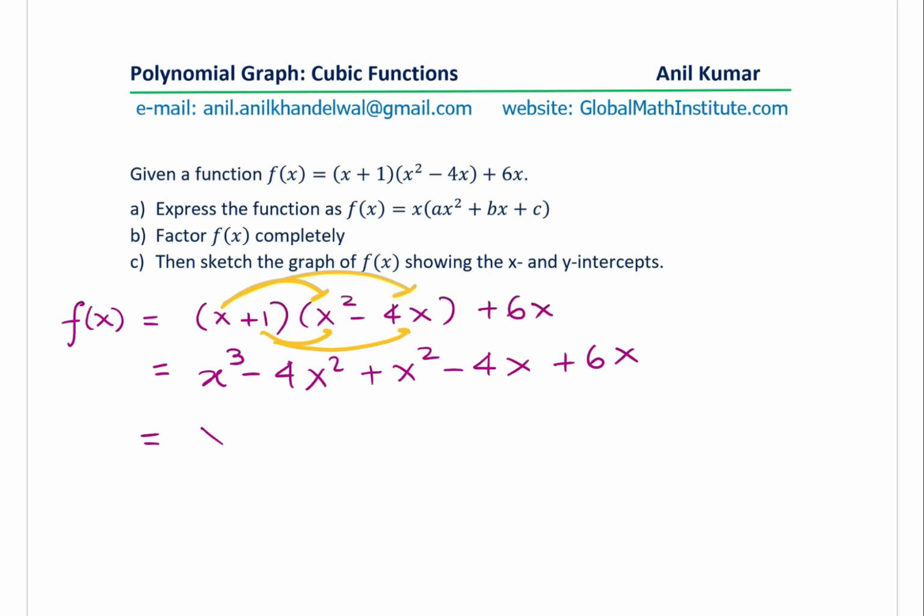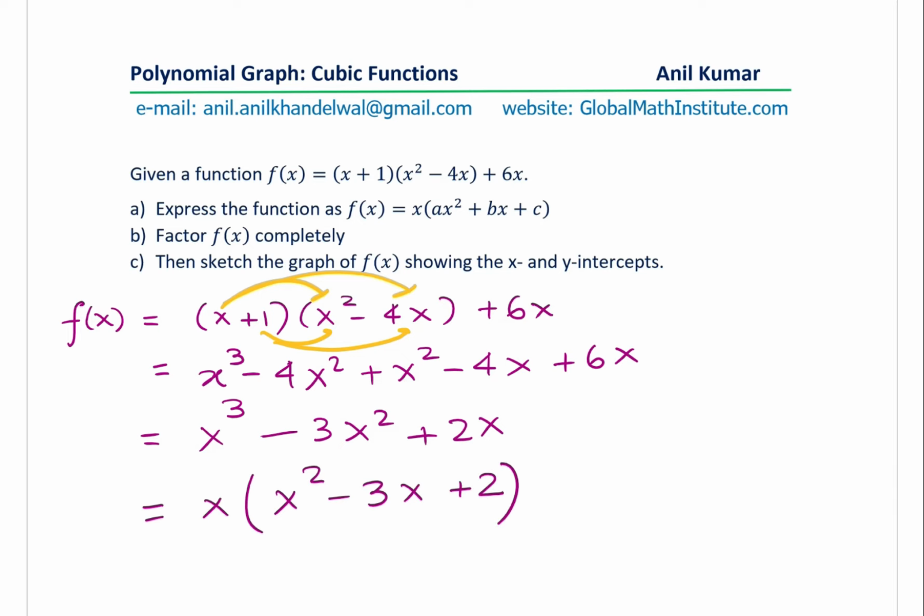Now combining the like terms, x cubed, amongst the x squared terms we have minus 3x squared, and this gives us plus 2x. Now we can take x common and we get a quadratic function, which is x squared minus 3x plus 2. So that is the required form given to us.